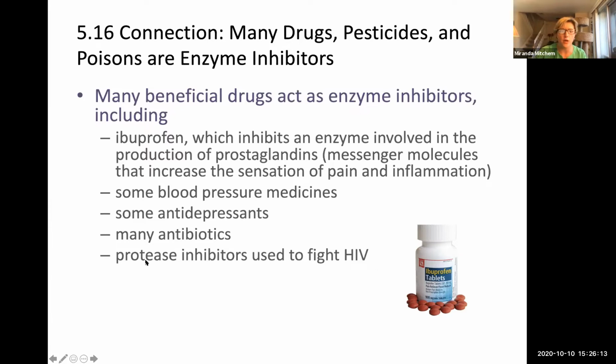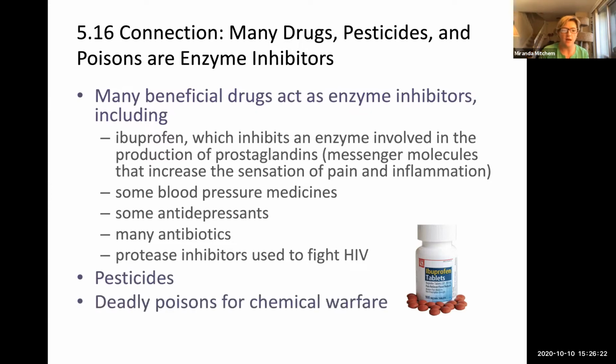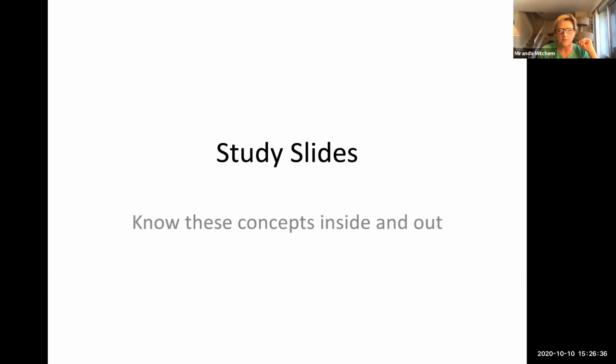One category is the protease inhibitors that are used for the treatment of HIV. And then we've got examples of pesticides and even poisons that are enzyme inhibitors. So it's widely used, naturally in nature, as well as in many industries.